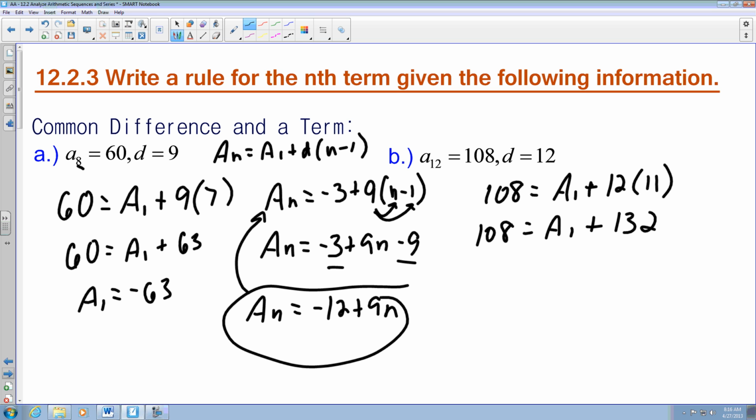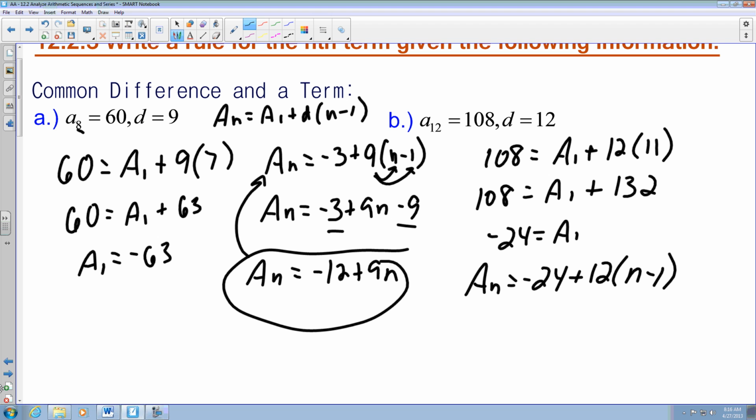Subtract 132 from both sides, so I get negative 24 equals a sub 1. So when I put a sub 1 into the general equation, I get a sub n equals negative 24 plus 12 times n minus 1. If I distribute my 12, I get negative 24 plus 12n minus 12. Combine my like terms, so this is going to be negative 36 plus 12n.